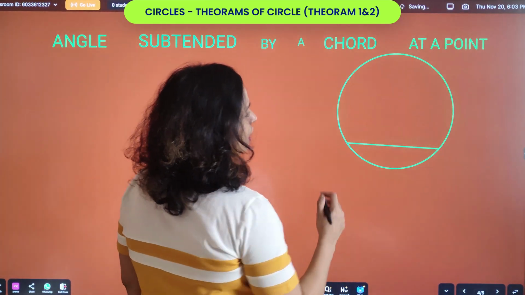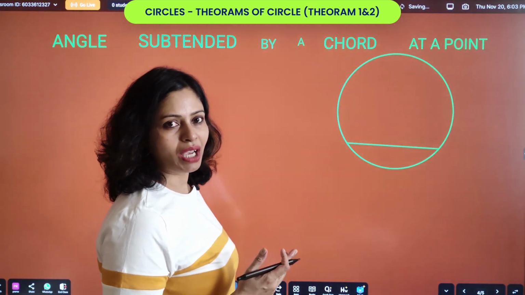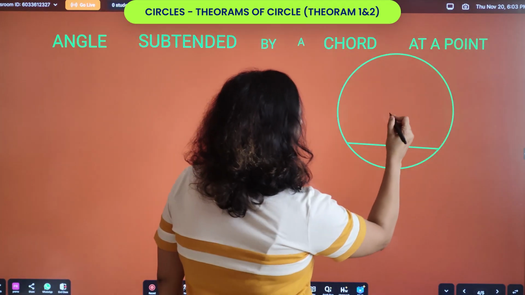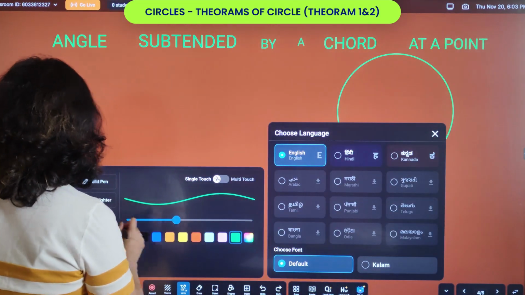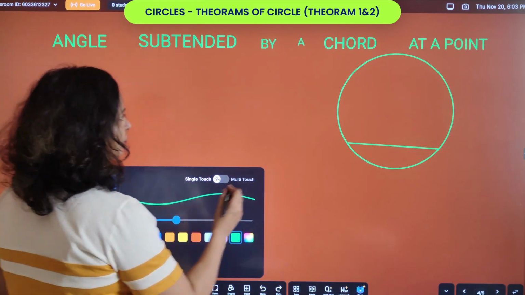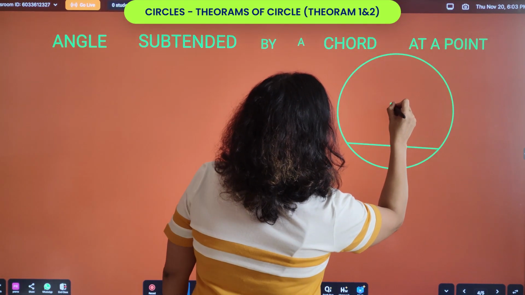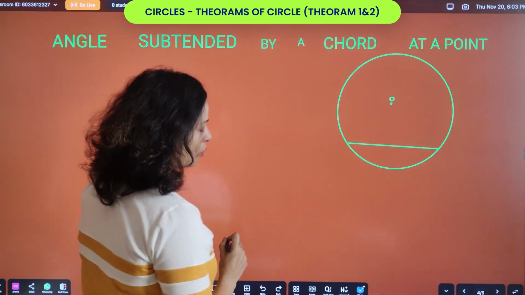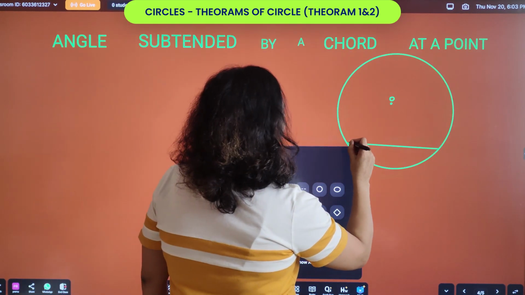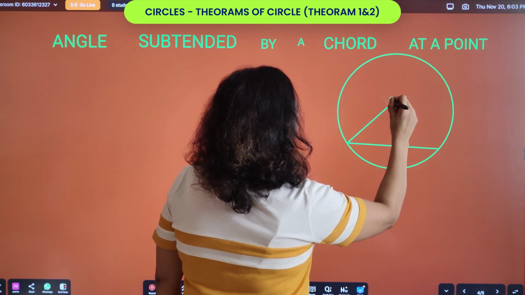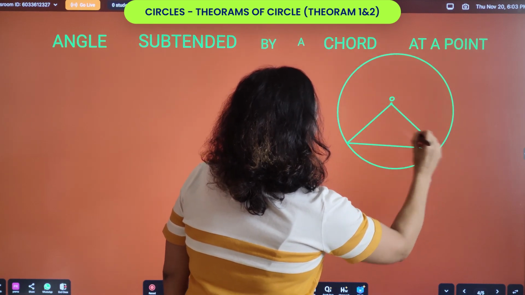Now it says angle subtended by a chord at a point. This is a chord. It can subtend various types of angles. If I consider this as the center O, this chord can subtend an angle with the center.